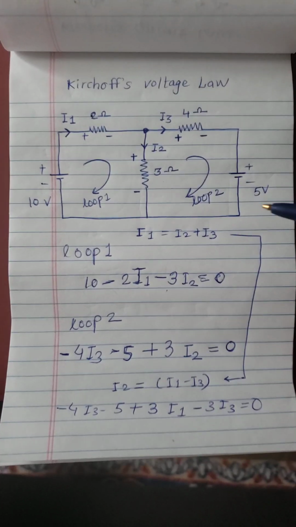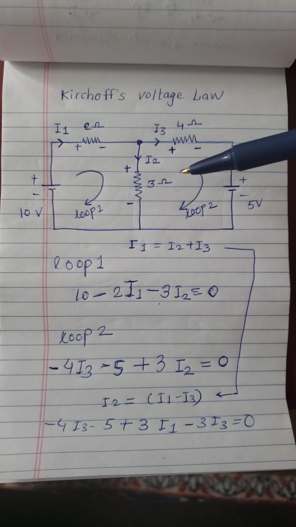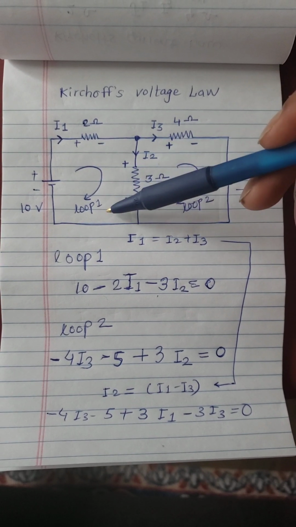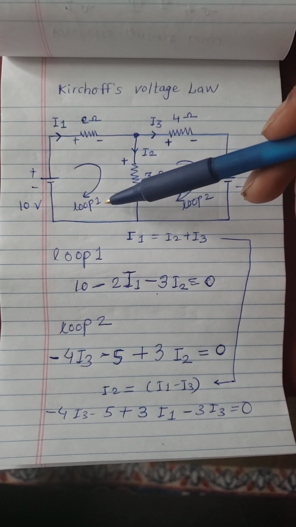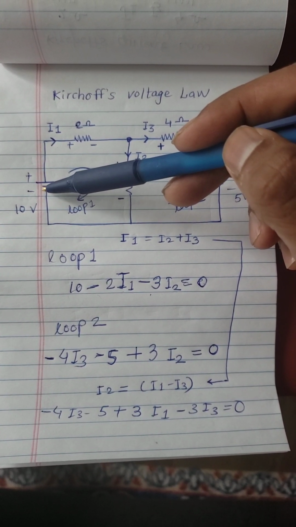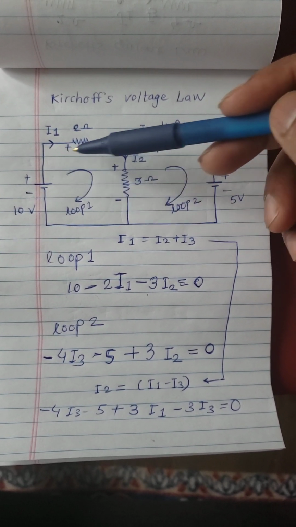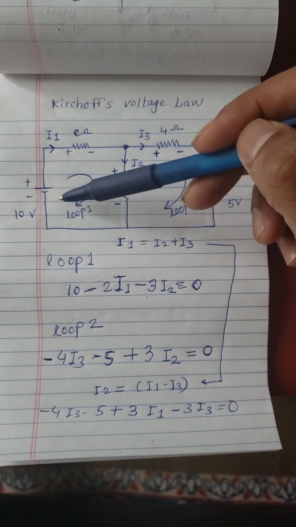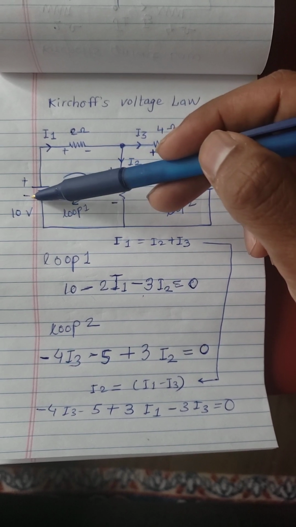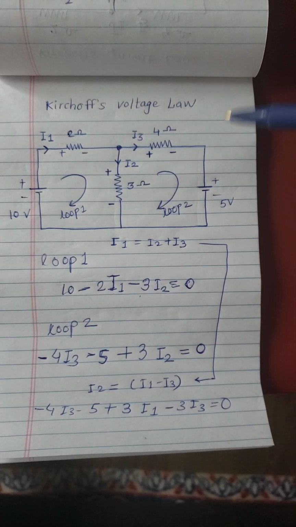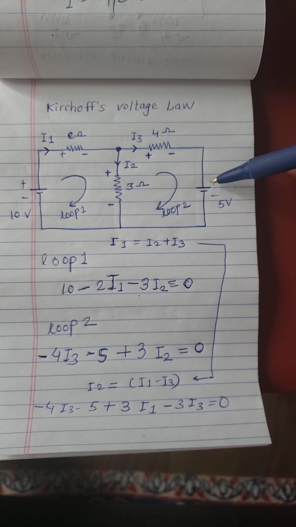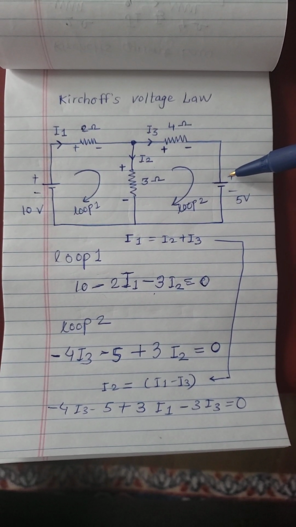Now, while writing an equation for Kirchoff's law, two things are very important. One is how to write the polarity of a battery if you are following clockwise in loop 1. If it is minus and plus, then you consider this as plus. And if you are going in a loop where the first battery terminal comes as positive, then you take it as negative.